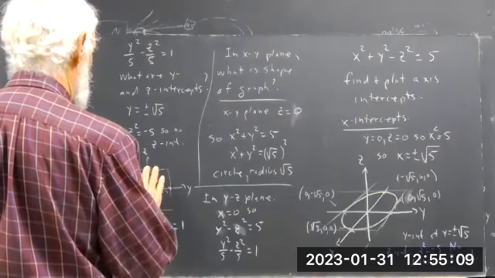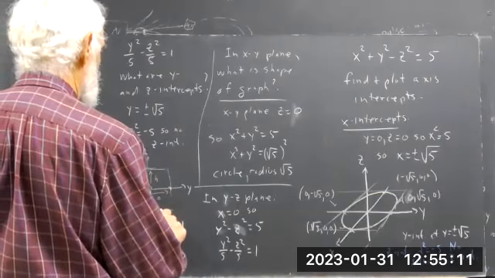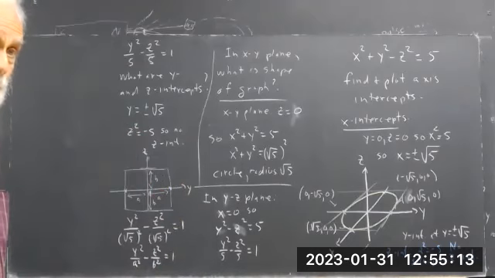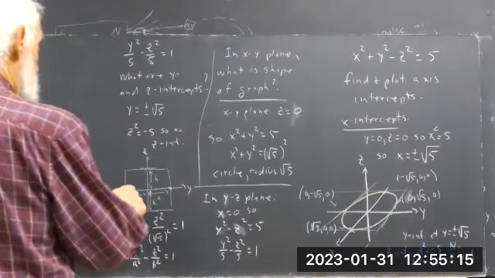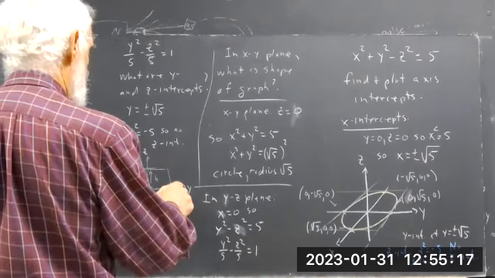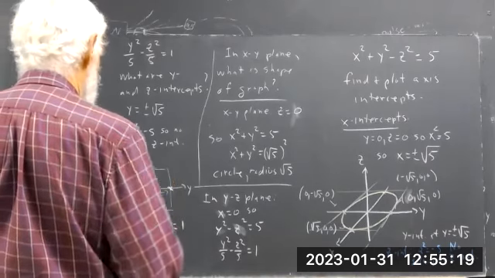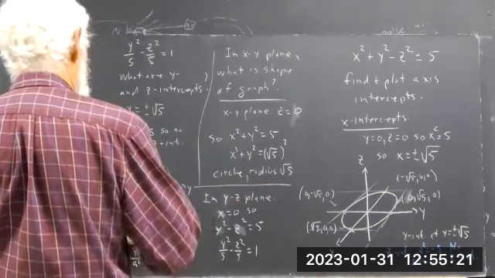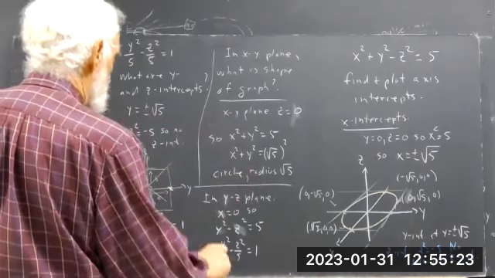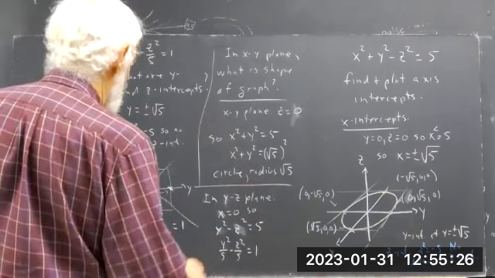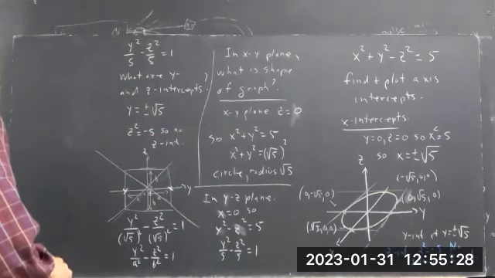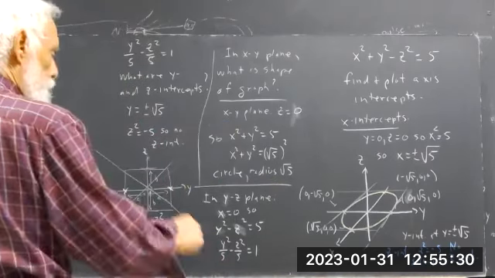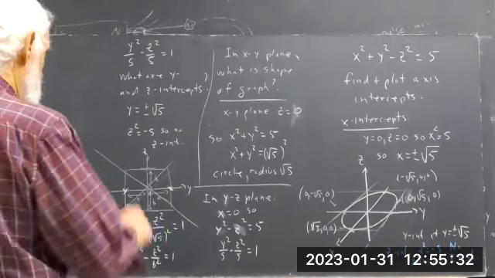Maybe I should put X's in these points because it makes them look like intercepts. So our intercepts are here, no intercepts here. That's better. So we've got this line and this line, and we've got a hyperbola.